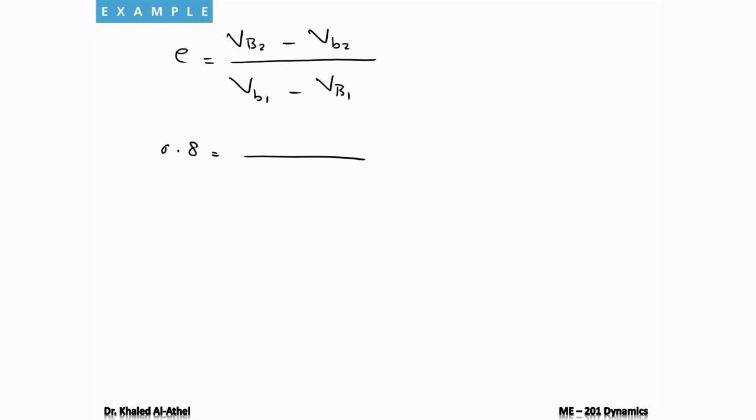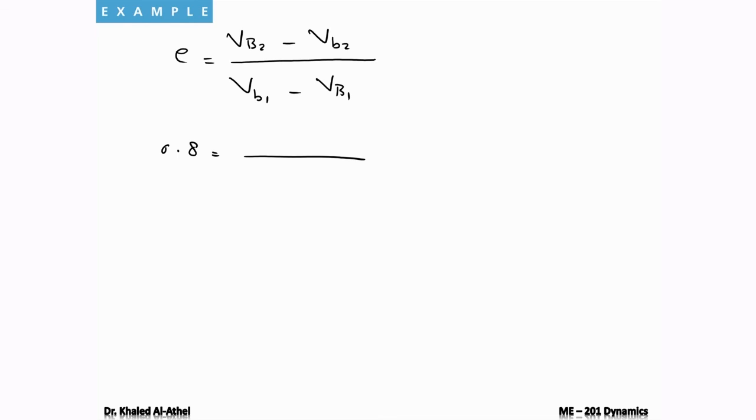Now, let's apply the coefficient of restitution. e equals the velocity of capital B2 minus the velocity of the ball 2, over, you switch the initial velocities, V_B1. And this will give me 0.8 equals V_B2, which is unknown.